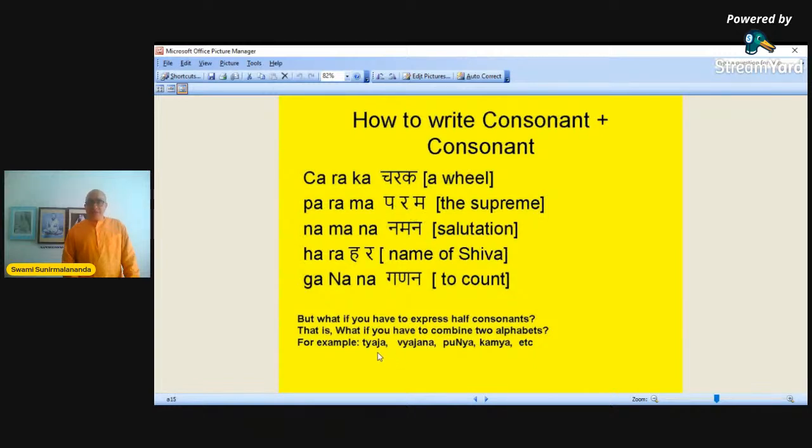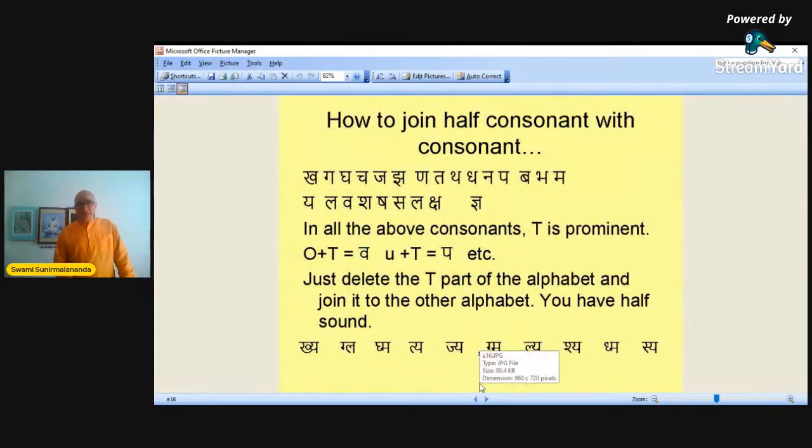No. It should be tya, vyanjana, vyajana, punya, kamya, etc. So how to write them? You have to cut off the consonant into half, add it to the other consonant. This is where the difficulty comes and the students find it extremely difficult. There is a simple technique of doing that.